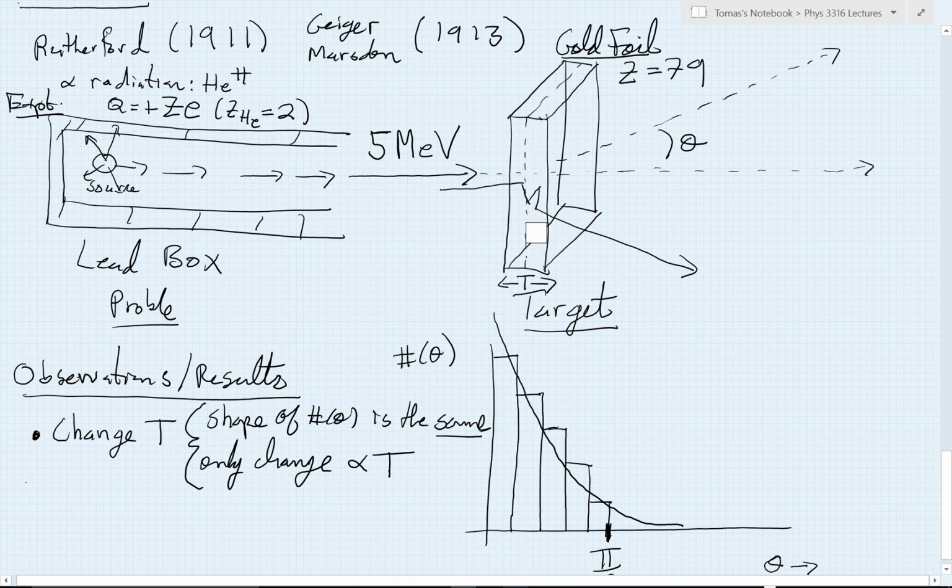But because in the end I just end up doubling all the counts, it's producing exactly the same pattern. So if I removed the piece of foil behind it, it would actually produce the same scattering as the original foil.